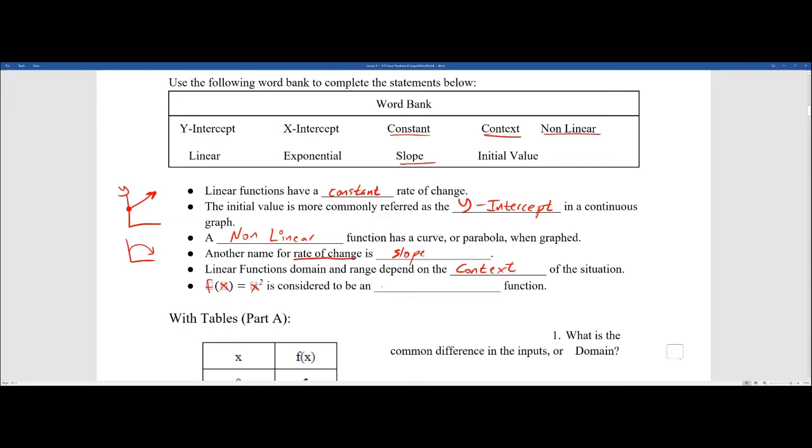Now, what kind of function is that considered to be? That would be considered exponential. So if you ever hear exponential or see it in the book, or if we talk about it on day 2, just know that's what it means, because you have this exponent above the x. That's why we call it exponential.